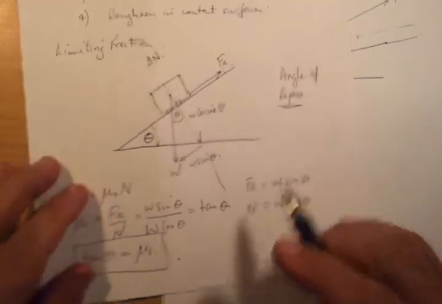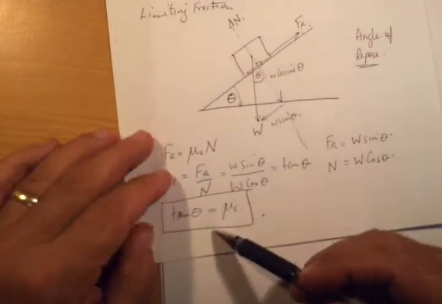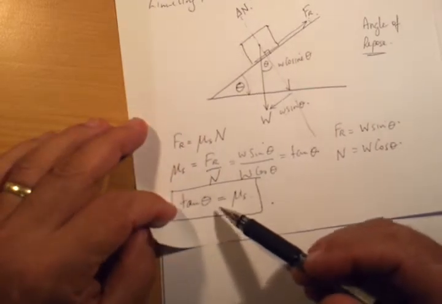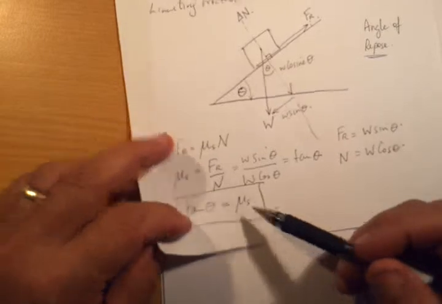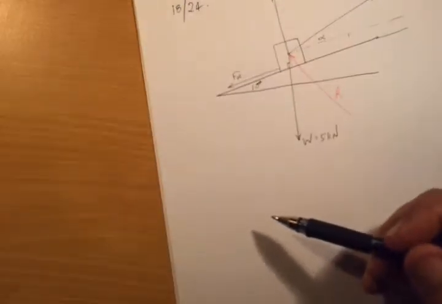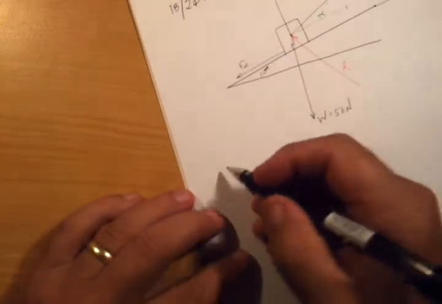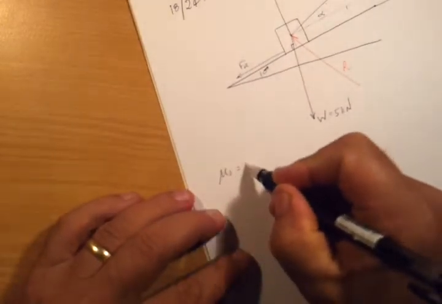Remember, over here we calculated that the tan of the angle of repose is equal to the coefficient of friction. And we've been given what the coefficient of friction is in the question. I think the question states that the coefficient of friction, mu s, is 0.4.